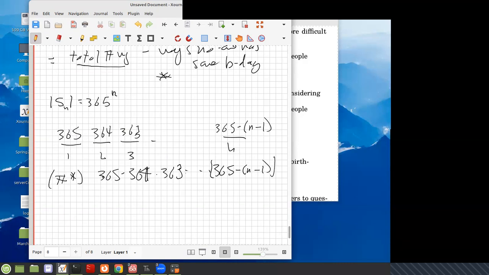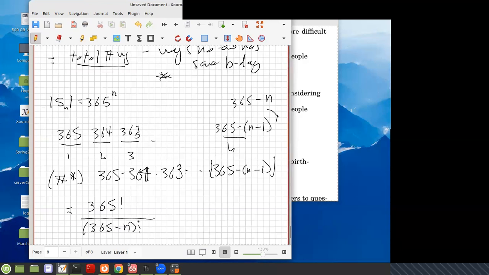So we want to write this number as a factorial. The next number after the n is 365 minus n, right? The one that's left out. So this is going to equal 365 factorial divided by 365 minus n factorial.